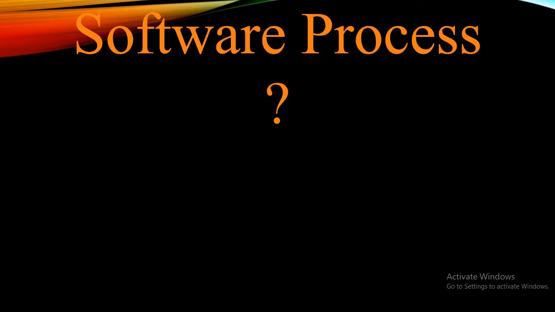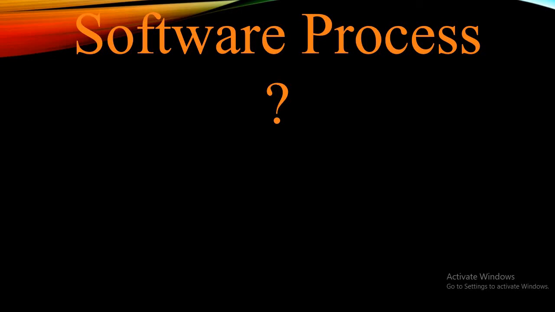So now, what do you mean by a software process? We came to know what is a process, so now I have a question. What do you mean by a software process?